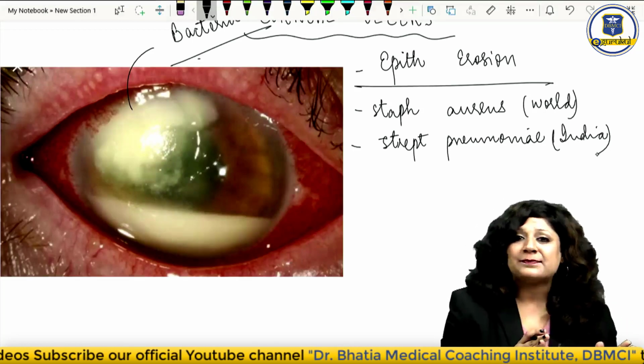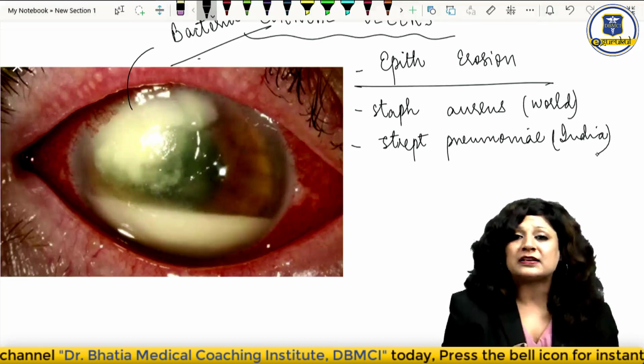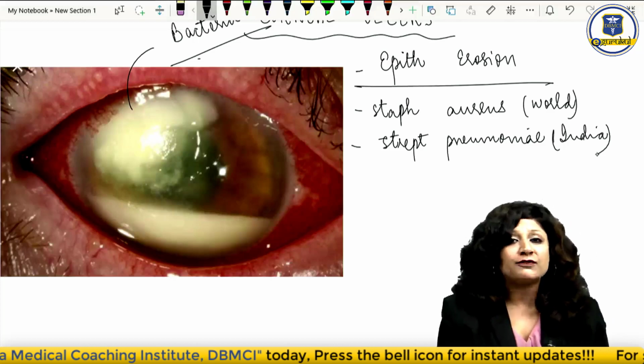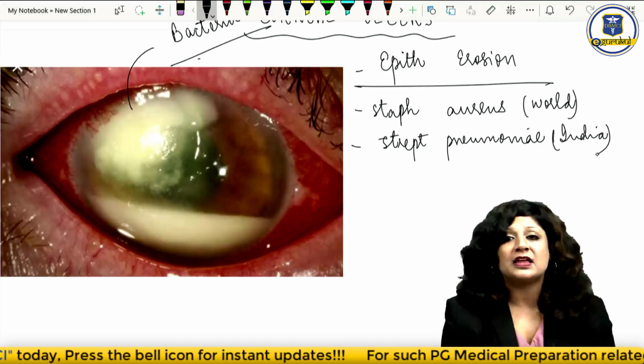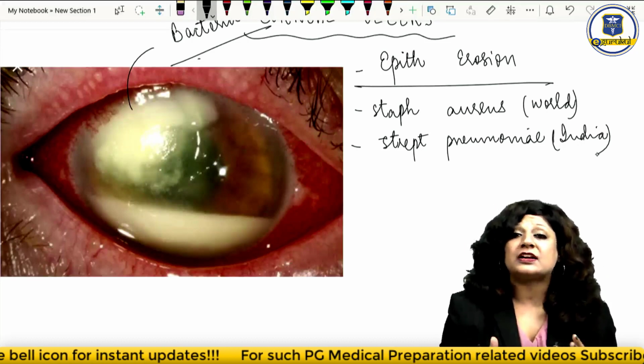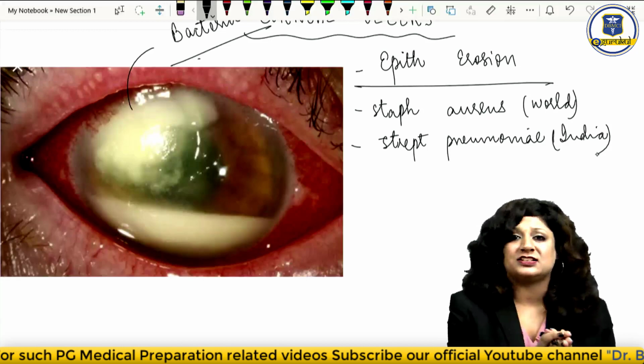But I will say that some bacteria are much more virulent, and those bacteria which are aggressive enough to invade the intact epithelium have the risk of causing corneal ulcers even when there is only conjunctivitis.